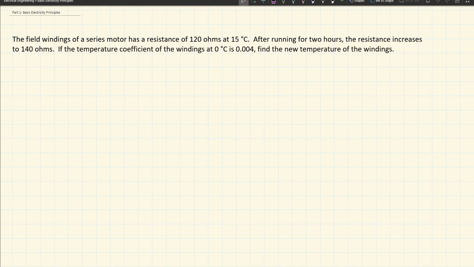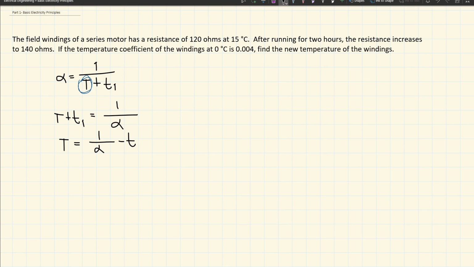First, let's find the absolute temperature. So we use this formula. We need to find the absolute temperature, which is T. So let's substitute: T plus T1 equals 1 over alpha. So T is equal to 1 over alpha minus T1.